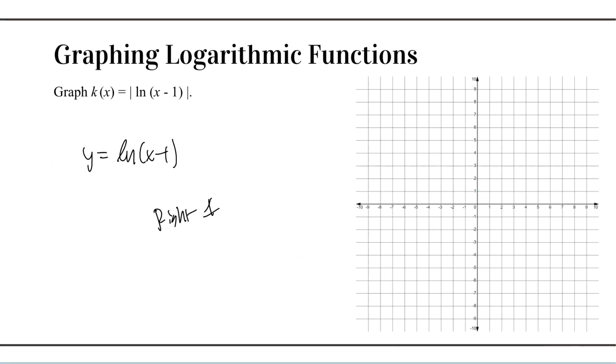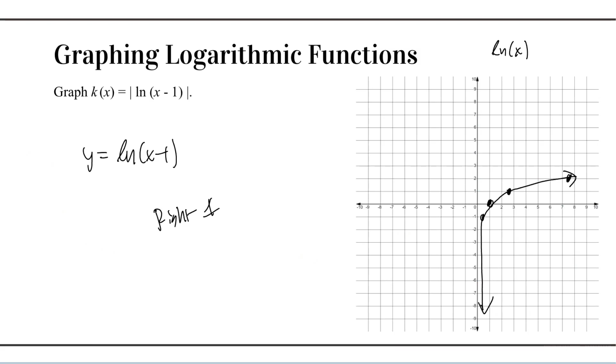And so we'll deal with that aspect. So let's go ahead and graph the natural log function first by going to e, 1 and e squared, 2, 1, 0, and 1 over e, negative, like that.